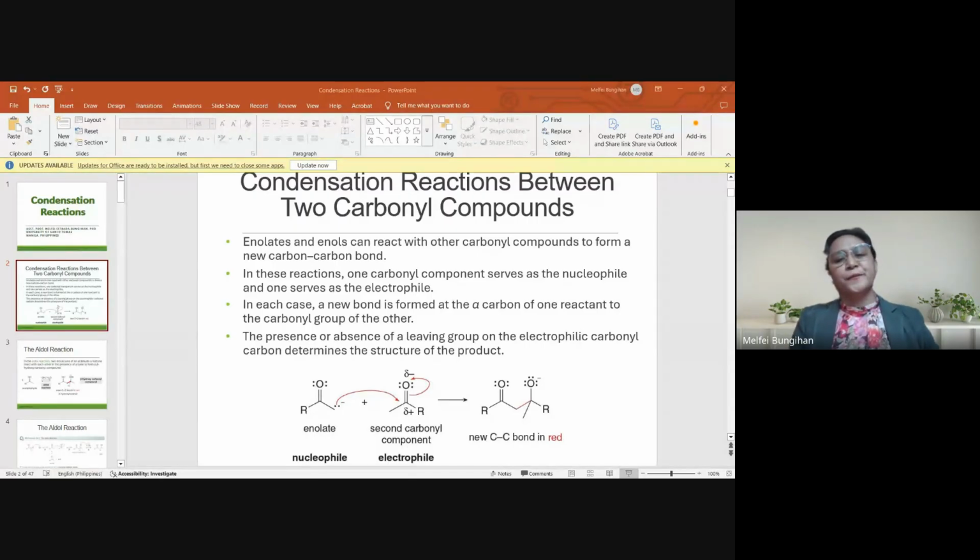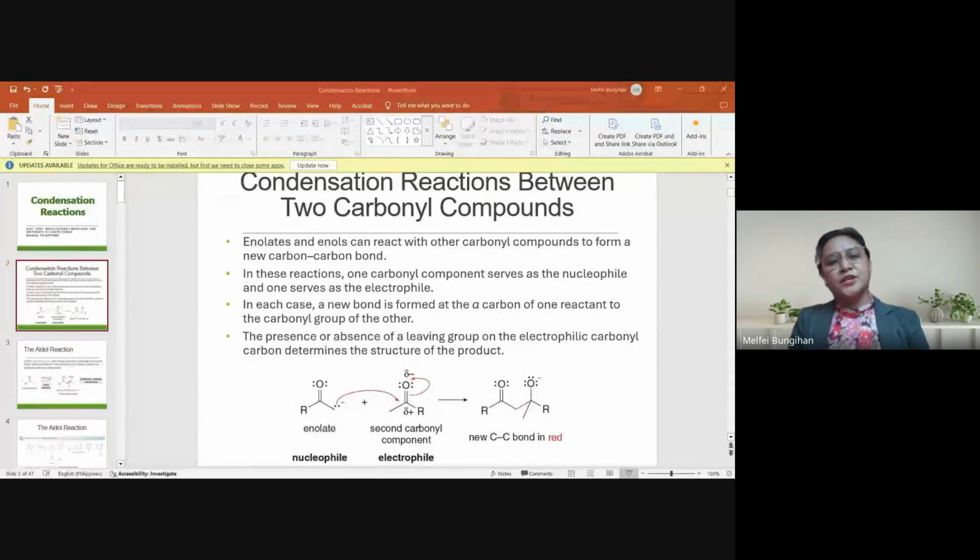Now, let's look at the nucleophilic addition of enolates. The characteristic reaction of aldehydes and ketones, of course, is what we call nucleophilic addition. You have discussed so far nucleophilic substitution and electrophilic reactions. We have electrophilic addition in your previous topics.